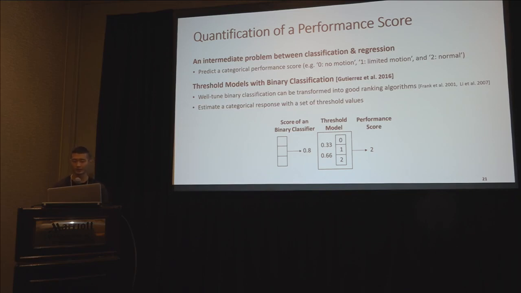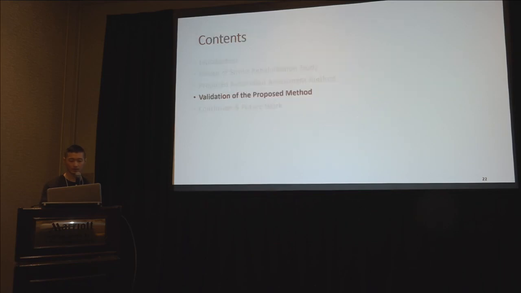This is like the original regression problem, and one popular approach is a threshold model with binary classification, where a well-tuned binary classifier can provide a ranking score, which can be leveraged with a set of threshold values to estimate the categorical response. So we implement this threshold model with binary classification for quantification.